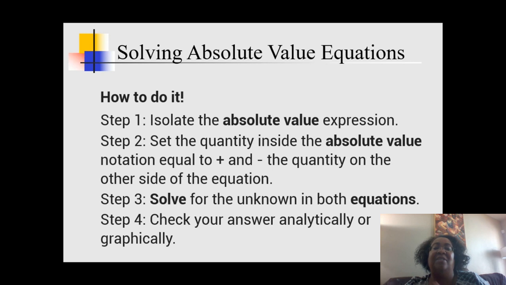And then you need to set the quantities for the absolute value to both a positive answer and a negative answer, because as you can see, if I use -11, the absolute value of -11 is still 11 spaces, but the 11 itself is negative. And the absolute value of positive 11 is also 11.